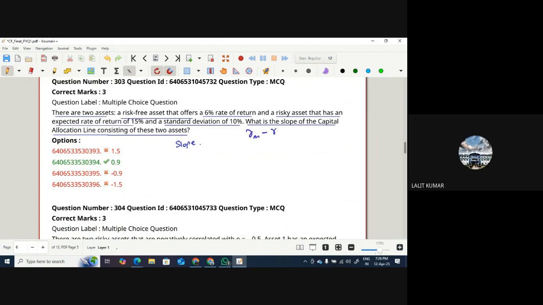Slope of CAL. The CAL means that RM is equal to RF plus S times sigma, standard deviation. Put it in this formula and get the answer.